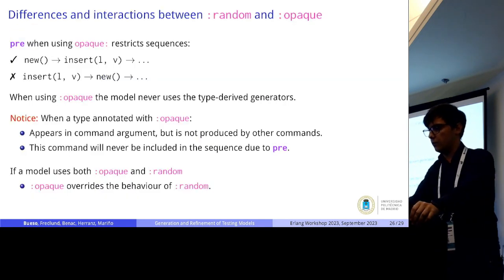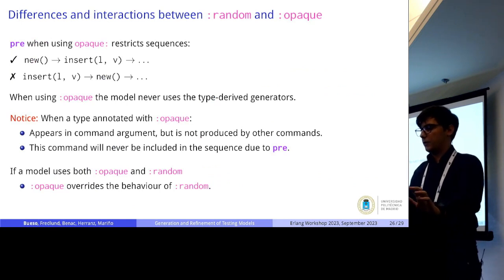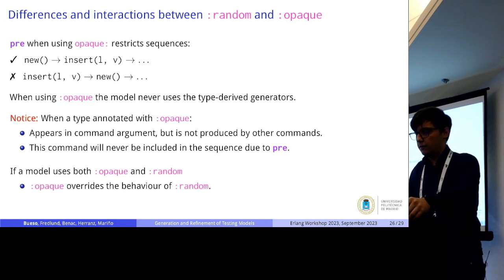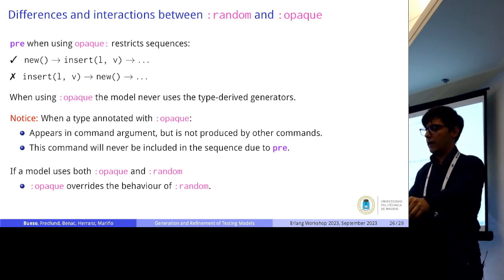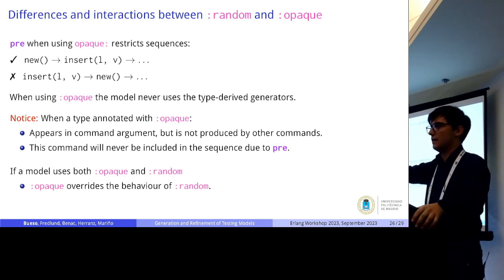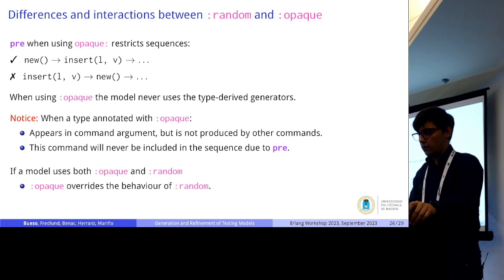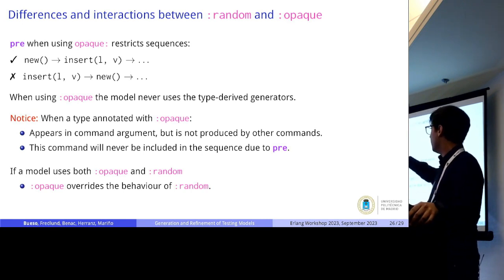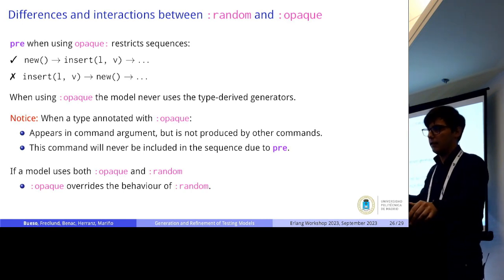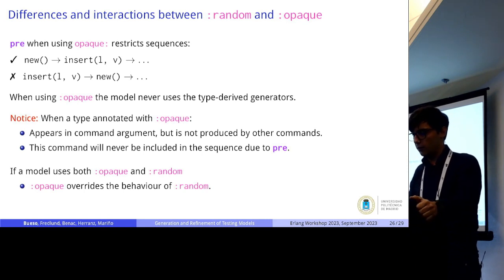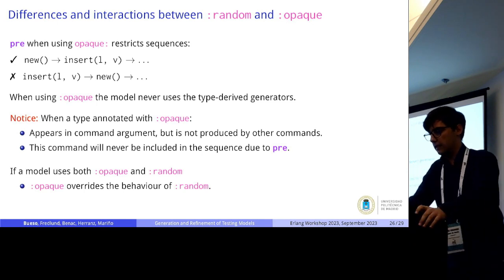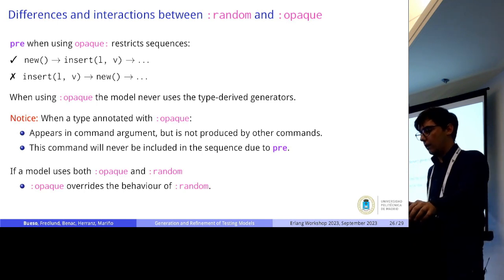So here I show you some differences and interactions between random and opaque. Basically, because of this precondition that we have added, when using opaque, the sequences that we can generate are restricted. So, for example, the first one could be generated, but the second one is not possible to generate from the model. And also, as I've said, when using opaque, the model never reuses the type-derived generators.